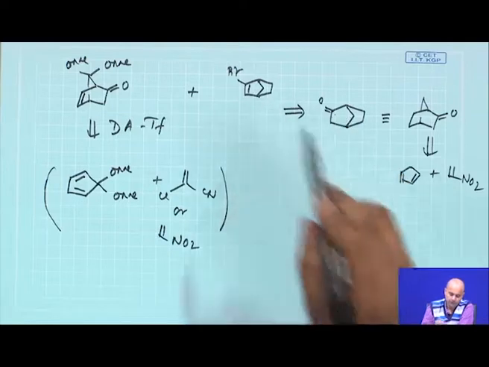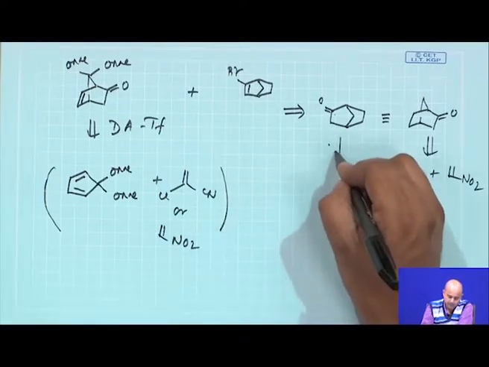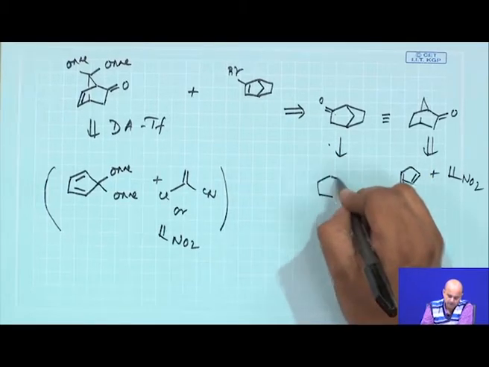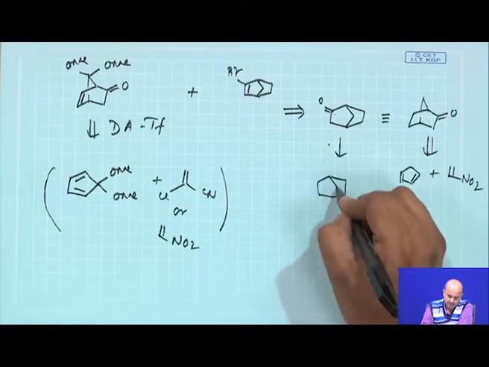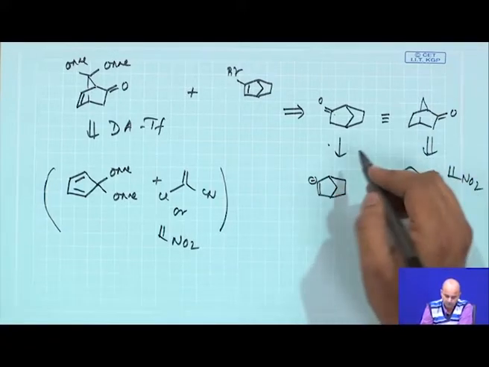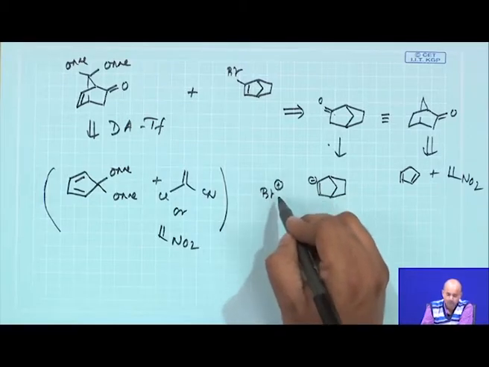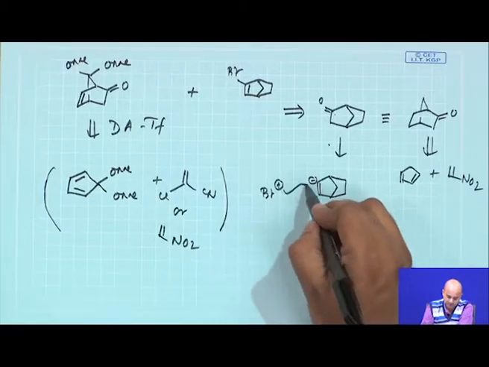Now, from this to this, basically you need to convert this compound with a vinylic species something like this, which you can basically easily react with a bromonium ion to get a vinylic bromide.